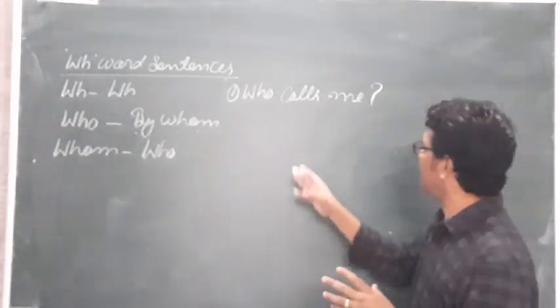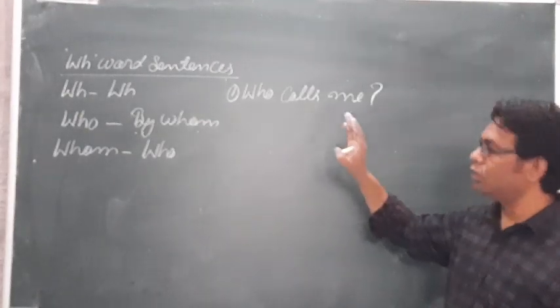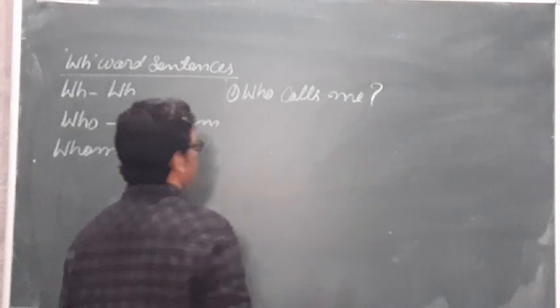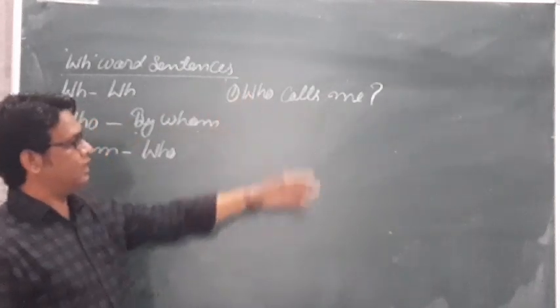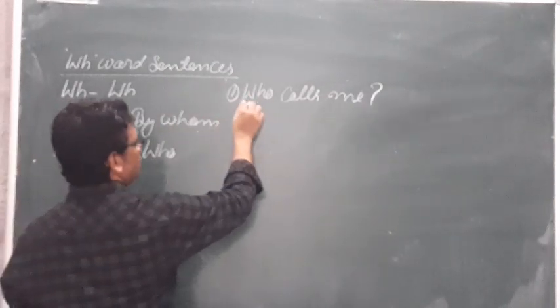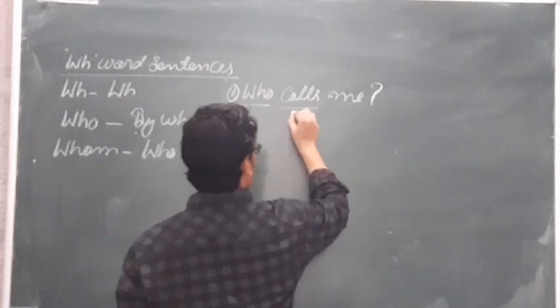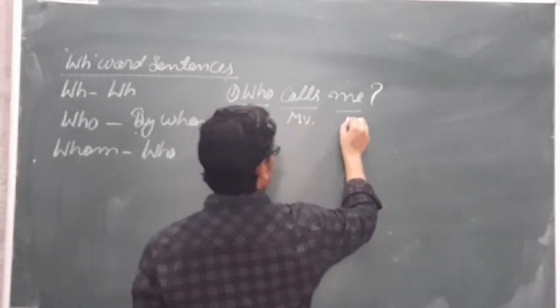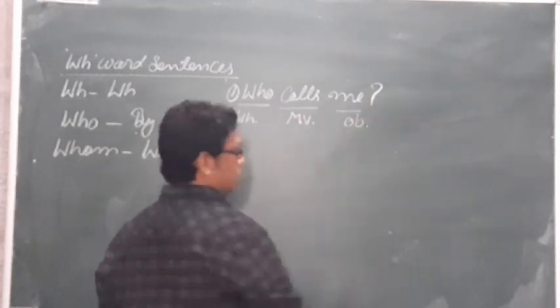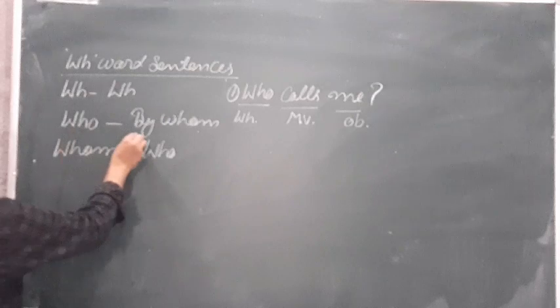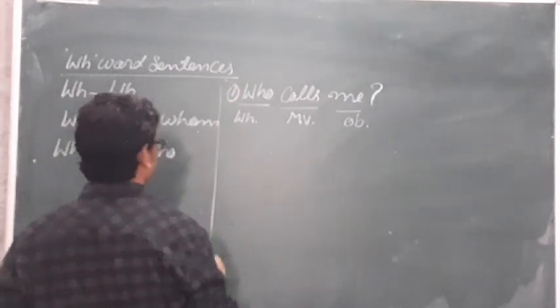Otherwise we will not use any helping verb. So first of all I show you how this sentence will change. This is the WH word, this is the main verb, and this is the object. First of all we will change who into by whom.